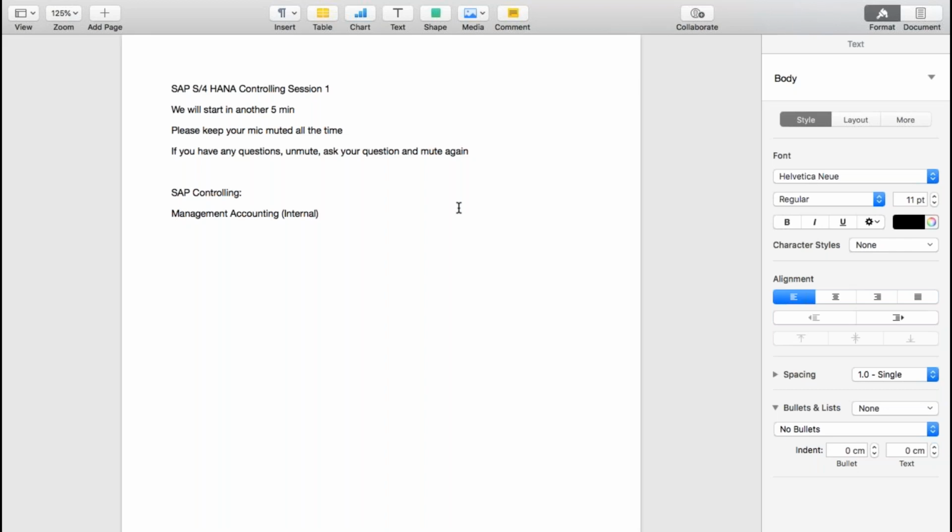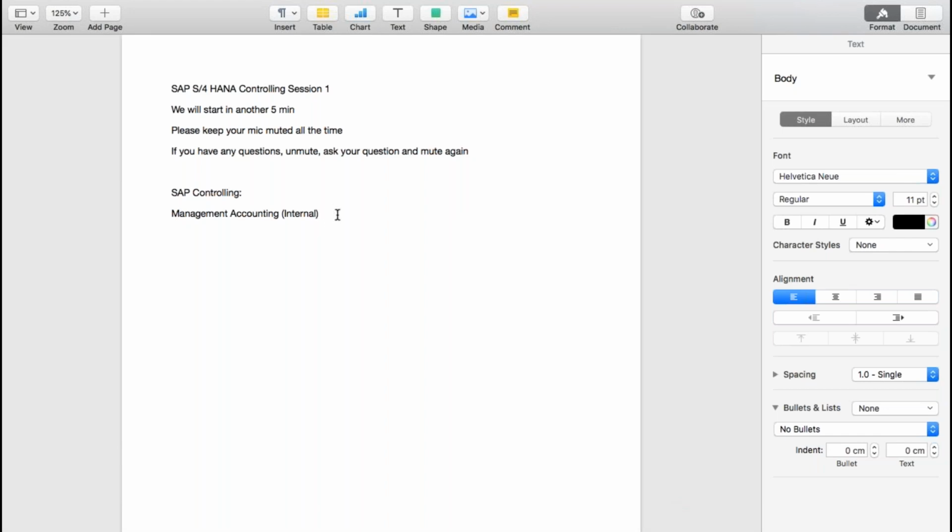This is the correct tool for getting that. Right. Okay, so mainly management accounting is all about internal reporting.